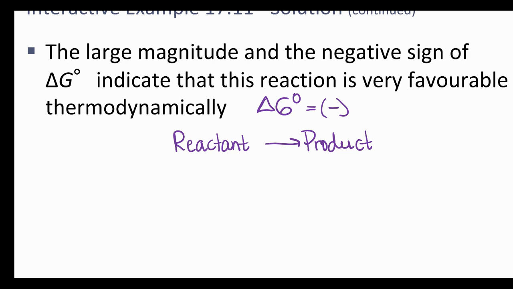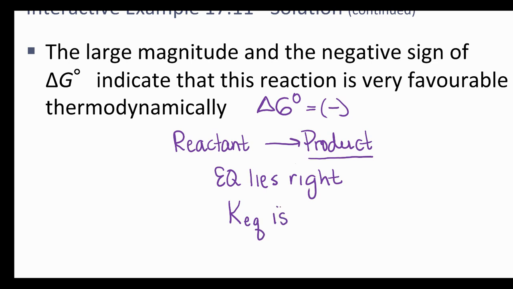And as we head into the next section then, if a reaction is product favored, let's think about the previous chapters we've done. The equilibrium lies to the right. K equilibrium is very large.